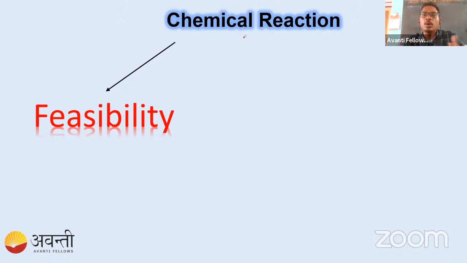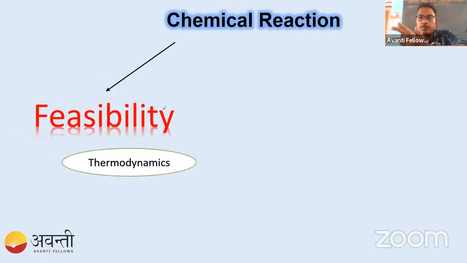How do we know whether a particular reaction is feasible or not? We can know this from the subject of thermodynamics. Perhaps you have heard of free energy, denoted by delta G. If this value is negative, less than 0, then we can say the reaction is possible or feasible.